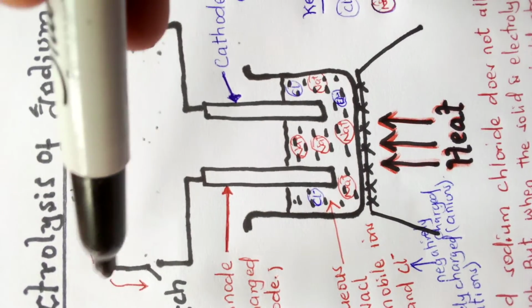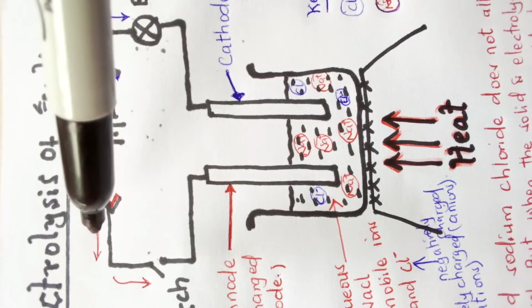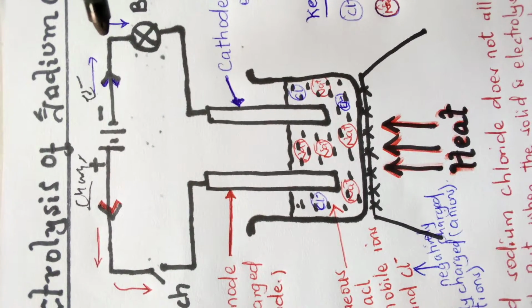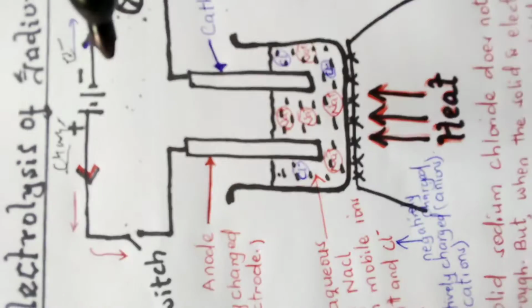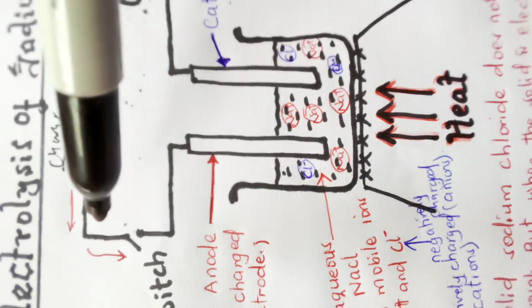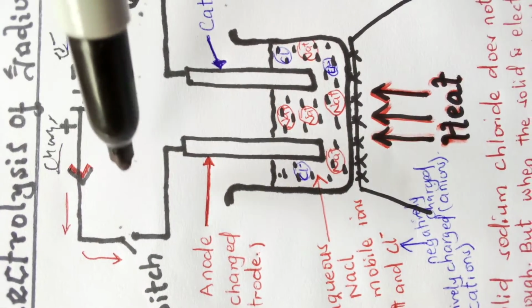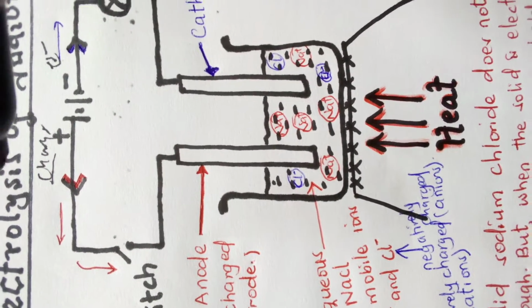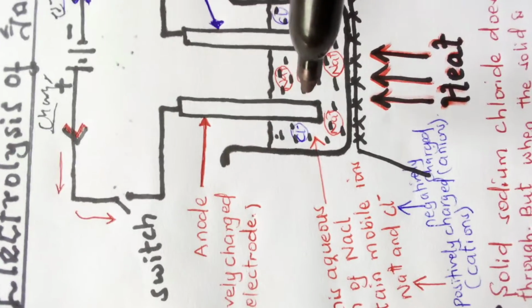The red arrows show the direction of the charges, while the blue arrows show the direction of electrons. When the switch is connected, the current flows through the circuit. This current causes sodium chloride to decompose.